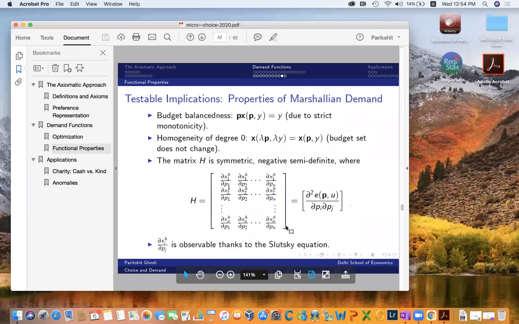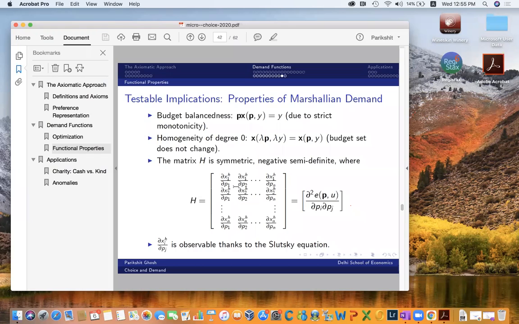Now, this matrix written in this form is negative semi-definite. That means the principal minors alternate in sign, right? That means, for example, that the very first derivative is negative, right? So the slope of the Hicksian demand function of the first good is negative, right? Or at least non-positive.